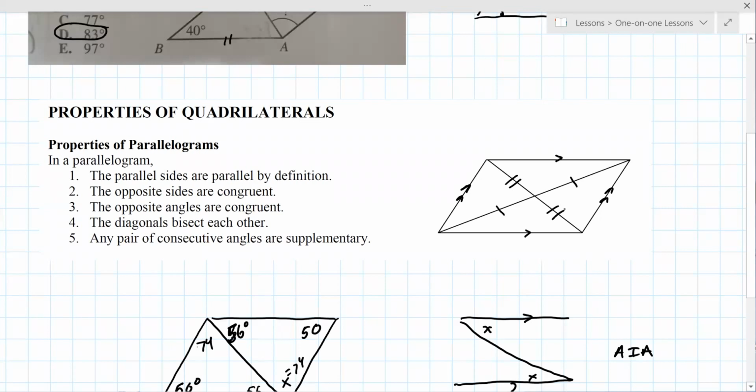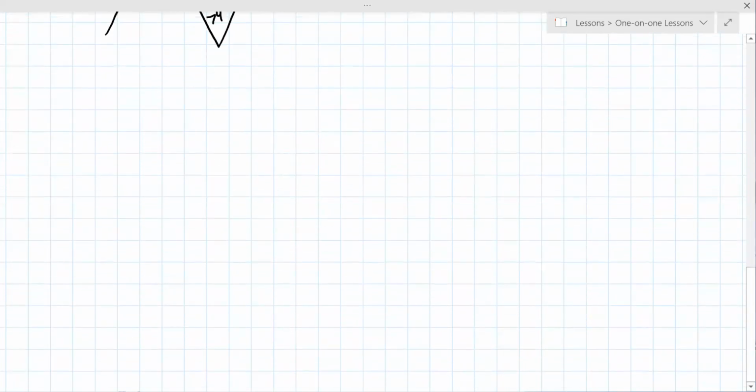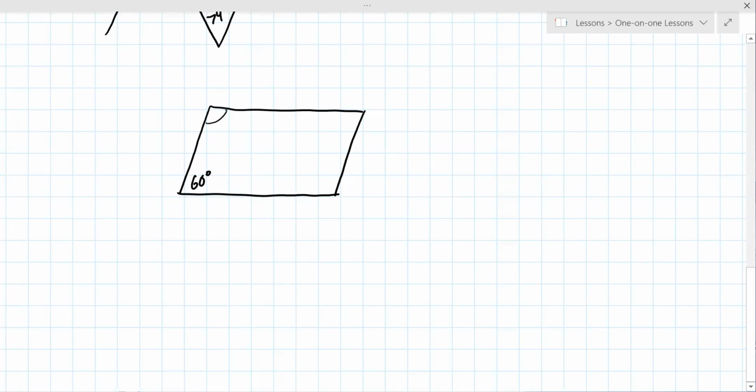Okay. The other one that's sometimes useful is that any pair of consecutive angles are supplementary. So let's look at that one now. I'll give you a parallelogram. And here's an easy version. So this is 60 degrees. So what is this angle up here?